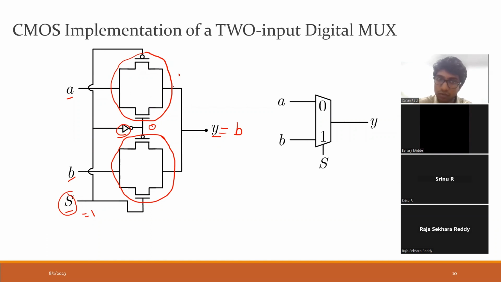So this transmission gate is off. In this manner, using these transmission gates as well as this NOT gate, we implement a digital mux. A transmission gate requires 2 transistors, the NOT gate requires 2 transistors, another transmission gate requires 2 transistors. So in total, for one digital mux, I require 6 transistors.